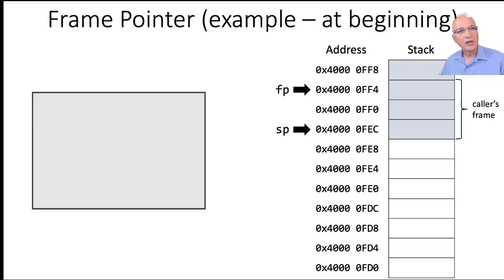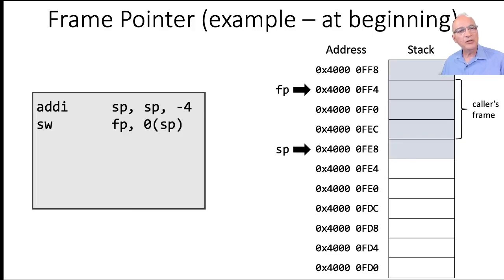So in a more concrete example, the instructions that I'm going to be using are: I will be decrementing the value of the stack pointer, and I'll be storing the frame pointer at that position. And now that I have the frame pointer saved, I'm going to copy the stack pointer into the frame pointer.